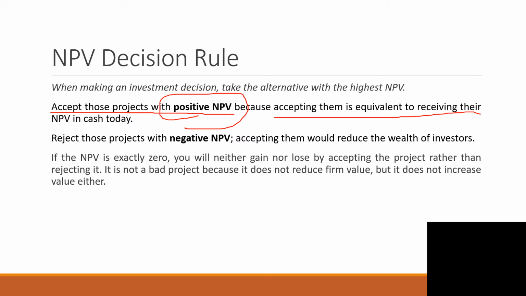On the other hand, a negative NPV project shall be rejected. If you accept a project whose net present value is negative, the firm's value would decline by the same amount of negative NPV.